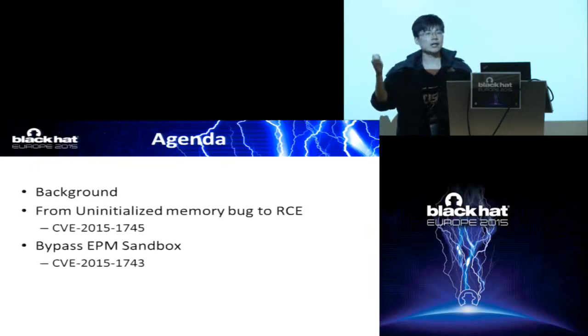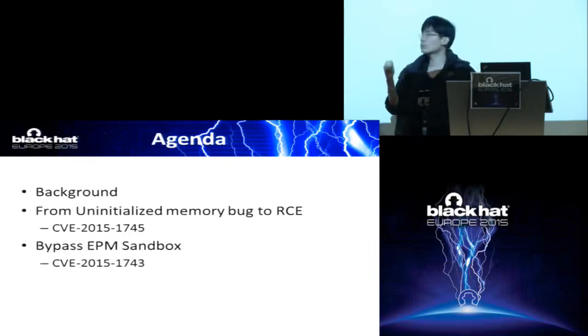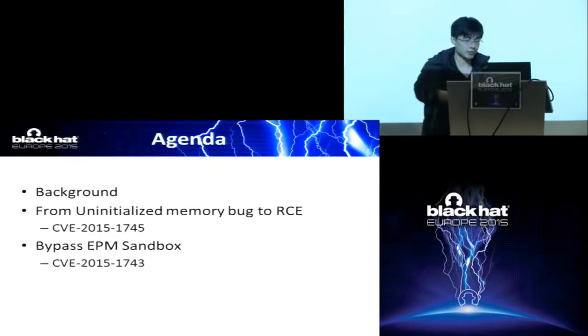We used this bug to achieve remote code execution in the IE sandbox process. And the second part is we will introduce another 0-day we used to bypass the Enhanced Protected Mode of Internet Explorer. This bug is a race condition bug. It exists in the IE broker service.